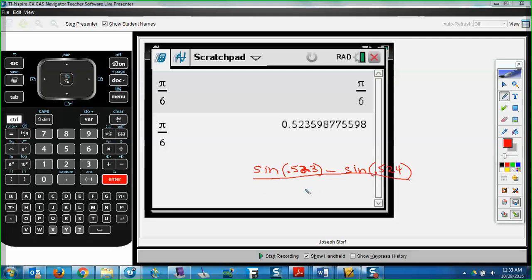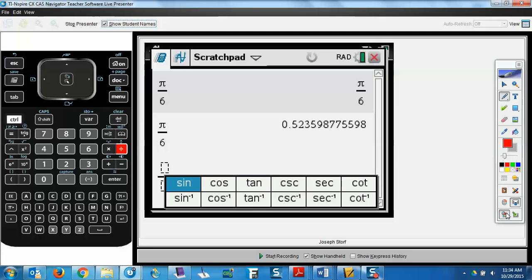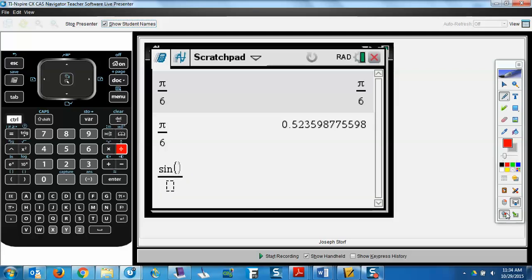And then down here we'd have 0.523 minus 0.524. So if I wanted to know, the slope of the sine graph at pi/6 is roughly 0.5235. So I'm going to pick points on each side really close, do a slope calculation, and Joe, what do you get? Oh, I thought you were doing it. 0.523.